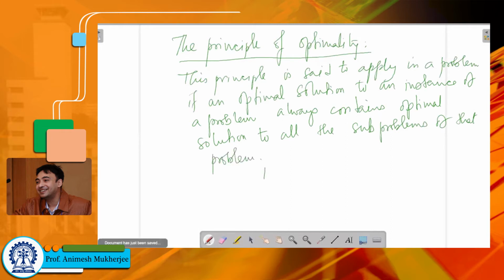In other words, the problem is said to have optimal substructure.